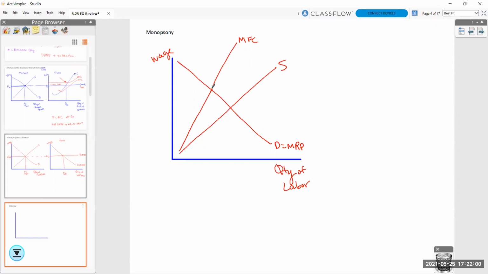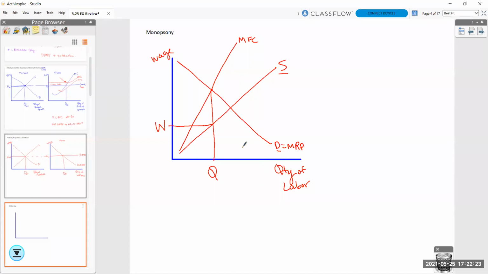We always go to MFC equals MRP, and we're going to come down, and that's our quantity, and we're going to go over, and that's our wage. I can compare this to the perfect competitive market because that's right here, supply and demand.